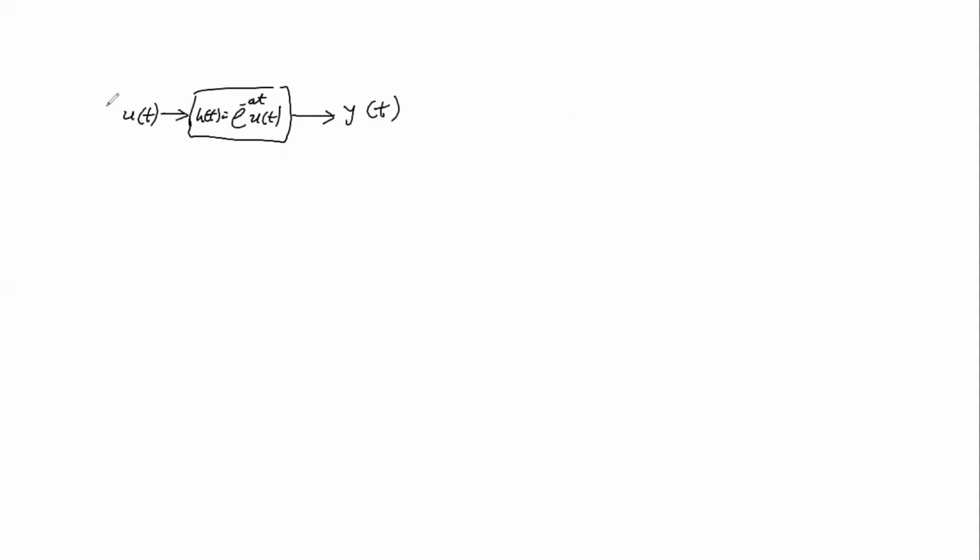So we know that S of t is equal to this, right? And H of t is equal to this. And by convolution, Y of t is the same as S of t convolved with H of t, isn't it? And this is the same as the integral from negative infinity to positive infinity of S of tau, H of t minus tau, d tau.